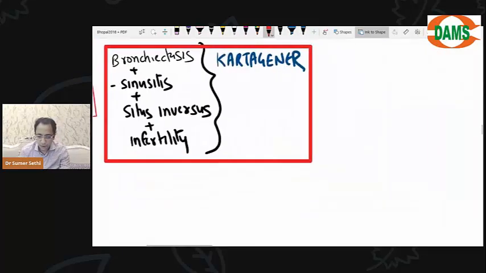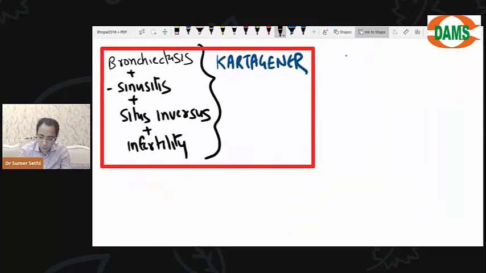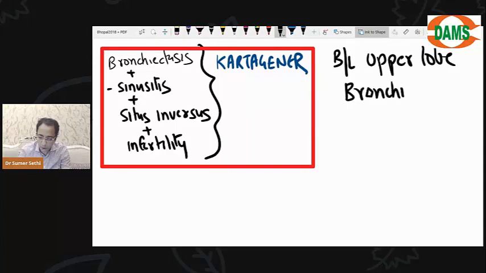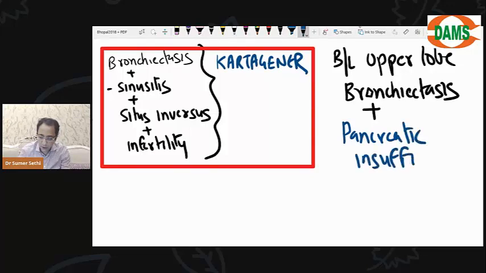Okay, and suppose they say bilateral upper lobe bronchiectasis in the lung on a CT scan, plus the patient has pancreatic insufficiency, then what will you think of?